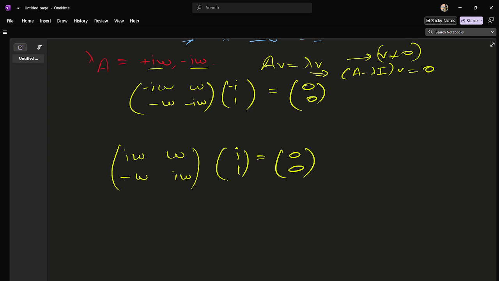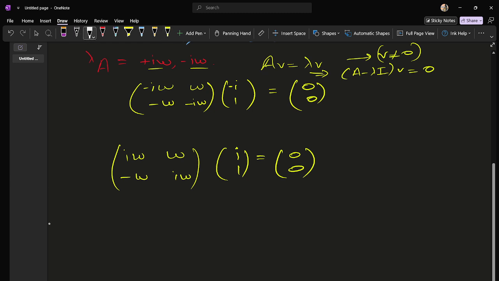Now we have to find the matrix P, an invertible matrix. As both eigenvalues are distinct, the matrix A is diagonalizable.